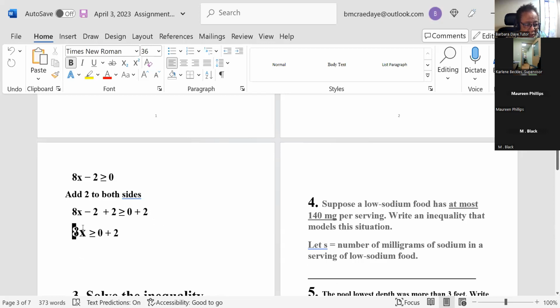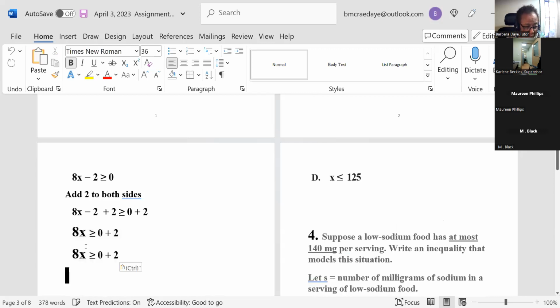And Mercedes, what's 0 plus 2? 2. That's right. Anything you add to 0, it stays the same. So let's just put here, that would be 8x greater than or equal to 2. We don't have to put the plus because the 2 default is plus, right? Yeah.